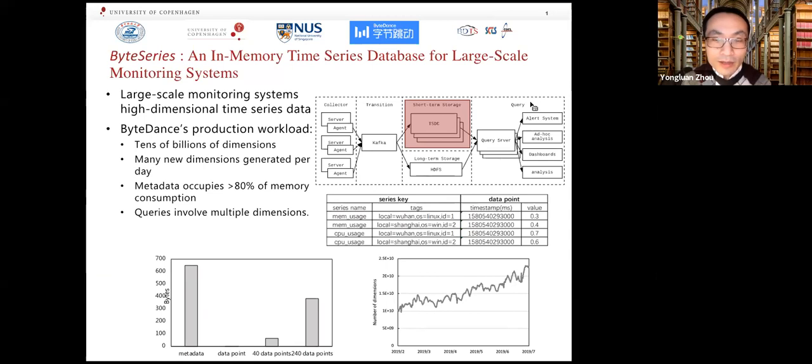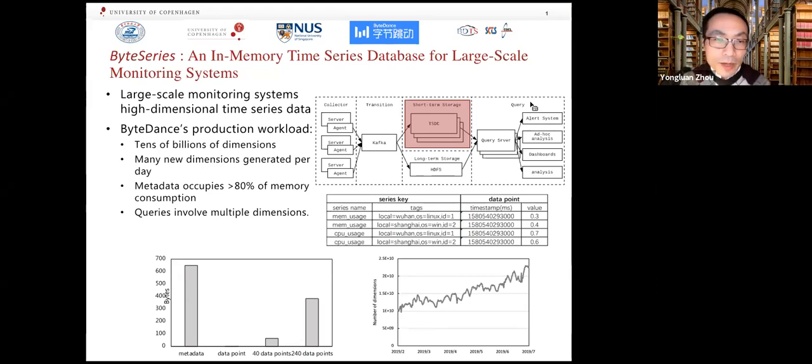On the right-hand side of this screen, the first picture shows the overall architecture of ByteDance's monitoring system, as well as the position of Pi series in the data processing pipeline of ByteDance. Pi series is designed for short-term storage and processing of time series data. Typically in ByteDance, it's the latest 2 hours of data.